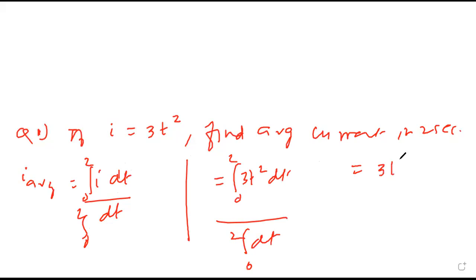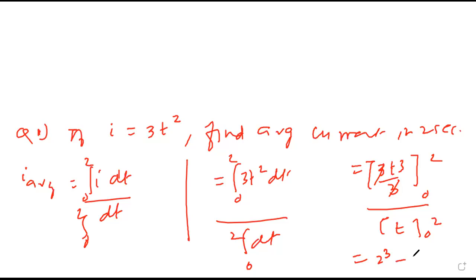That becomes 3 t raised to 3 upon 3 from 0 to 2, divided by time t from 0 to 2. 3 cancels. So this will be 2 raised to 3 minus 0 raised to 3 upon 2 minus 0. 2 raised to 3 is 8 upon 2, equals 4 ampere. Any doubt?